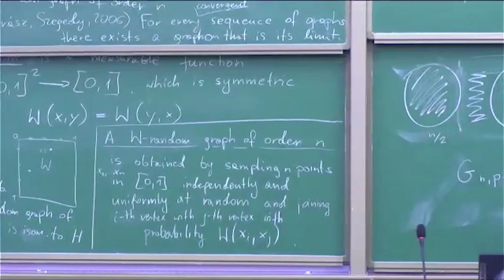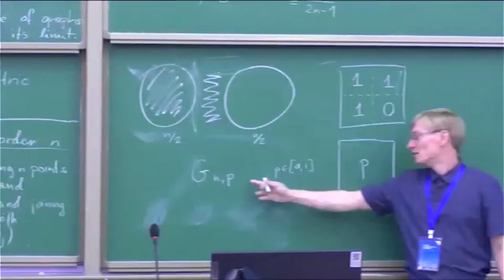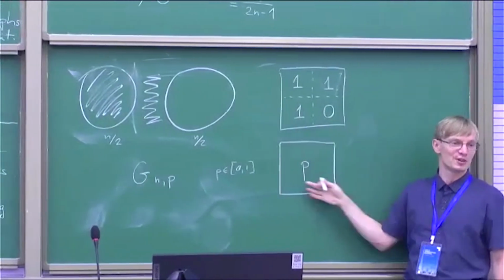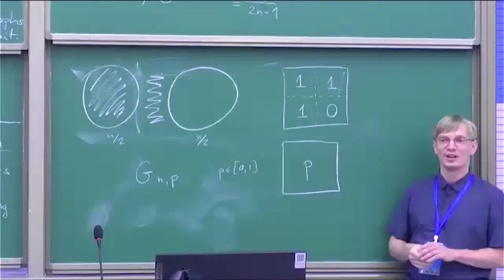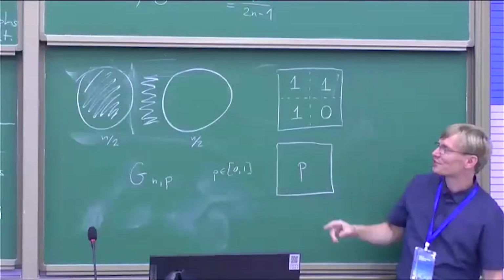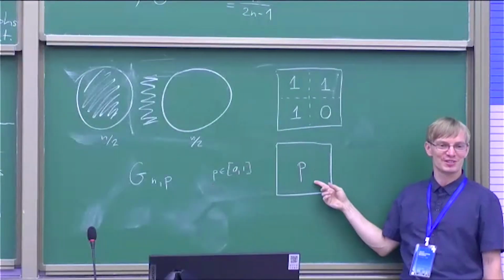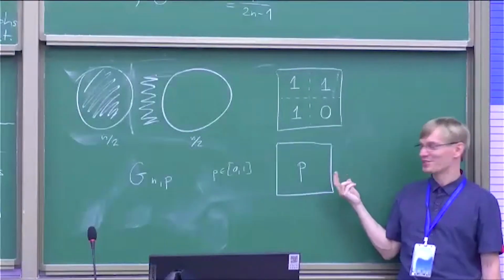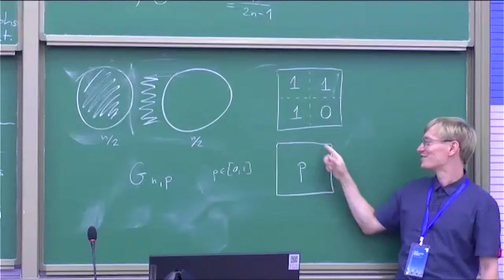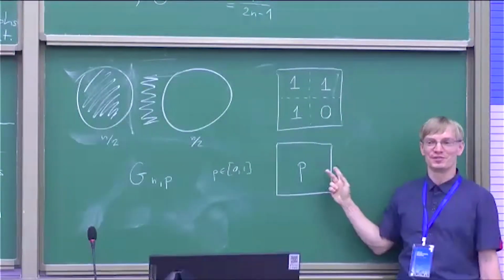So this is one of the examples: if I take a sequence of random graphs, then in the limit I obtain a square which is equal to p everywhere. Now, if you think about it, what's the W-random graph of order n? This is exactly G(n,p), right? Because I'm taking n vertices at random and then looking at the probability of an edge between any two points given by this graphon, and this is exactly p for every choice.